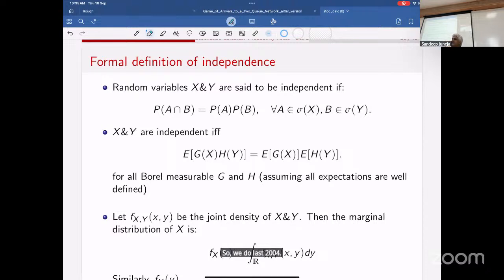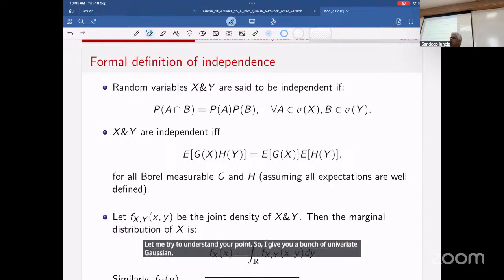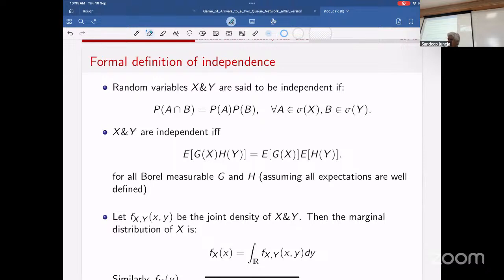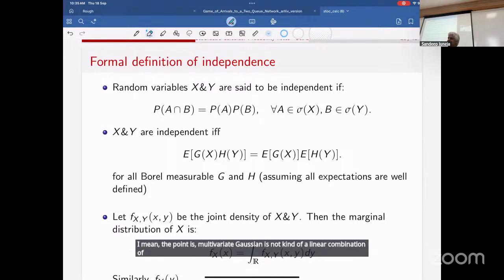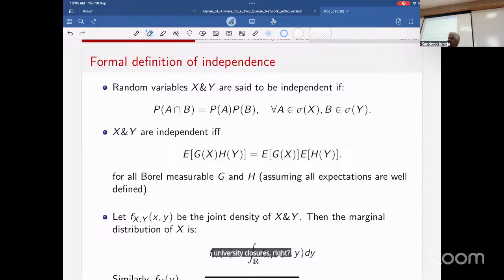So let me try to understand your point. So I give you a bunch of univariate Gaussians. I mean, the point is multivariate Gaussian is not a linear combination of univariate Gaussians, right? The linear combination of univariate Gaussians is again a univariate Gaussian. So I guess if you look at a univariate Gaussian as a degenerate multivariate Gaussian in n dimensions, then the multivariate will be a linear combination.